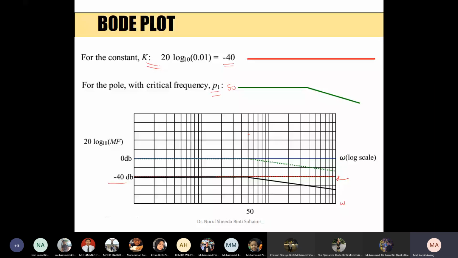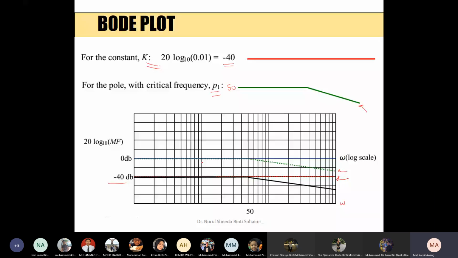And this dotted line here is contributed by P1. Then after that, we add these two.